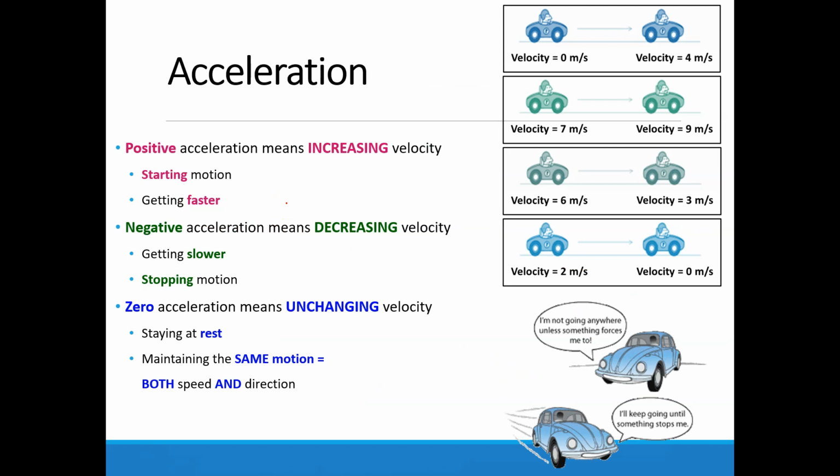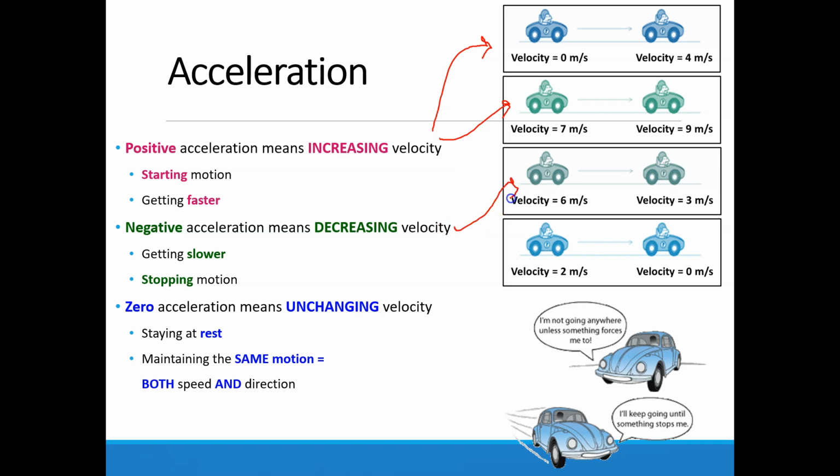Depending on the type of acceleration that you calculate, you should know that positive acceleration means velocity is increasing. So if you're getting faster, like you started at rest and then began moving, that is going to be a positive acceleration. Negative acceleration means velocity is decreasing.